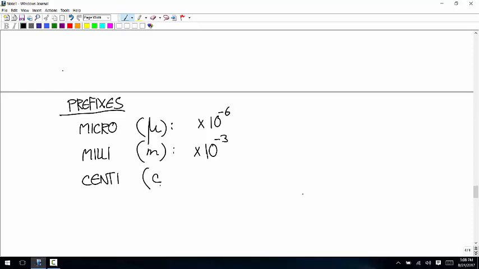That's shown with a lowercase c, and that's times 10 to the minus 2. And then kilo. That's shown with a lowercase k. That means times 10 to the third, positive third.